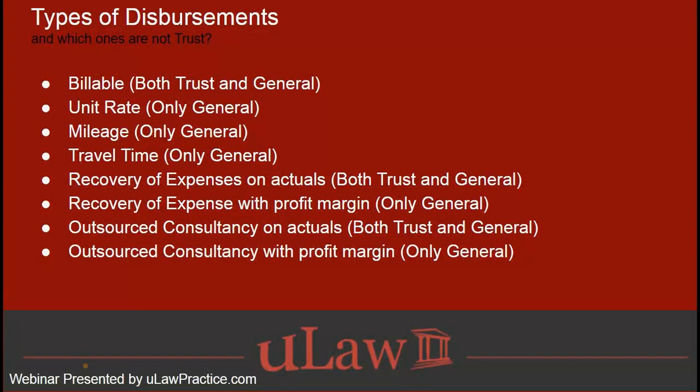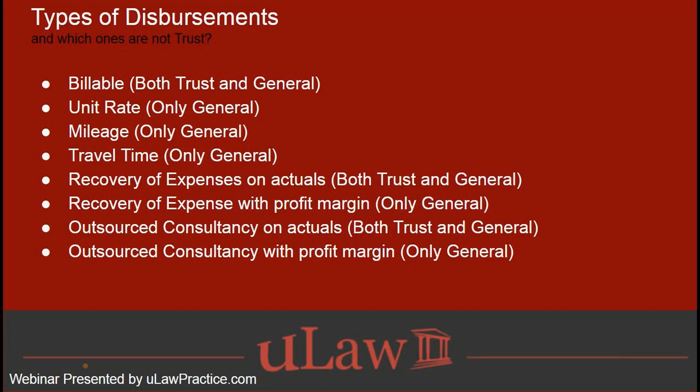For example, a thumb rule: if this is a billable disbursement, what you incurred is what you're recovering, such as an application fee. If it's $100 that you paid the Attorney General, then that's the $100 that you can recover. So basically actuals.